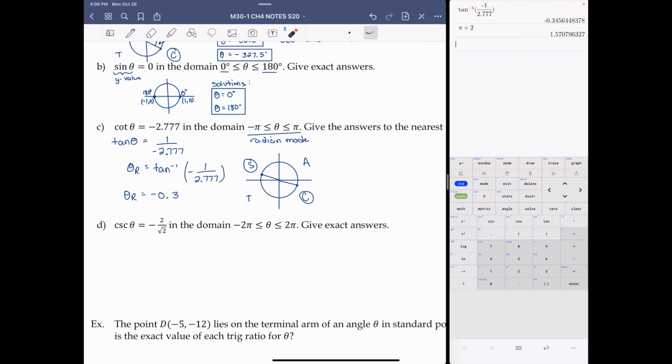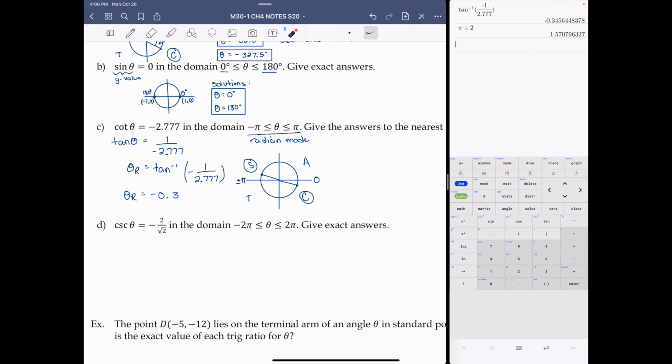This is 0. This would be pi if we're going the positive direction, and negative pi if we're going the negative direction. If we go from 0 to negative pi, there's only one angle in there that's a solution, which is this one.